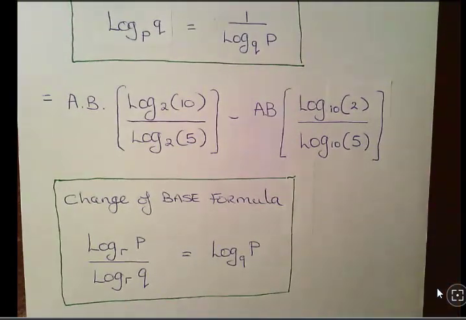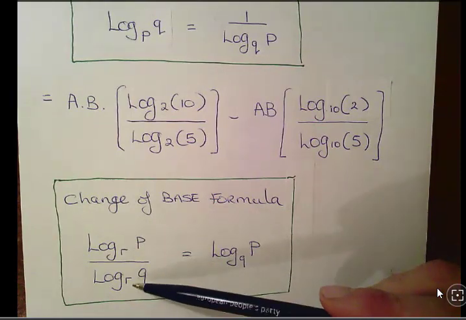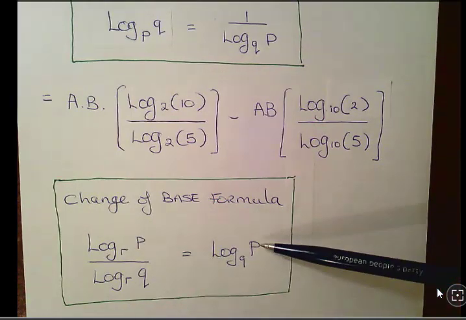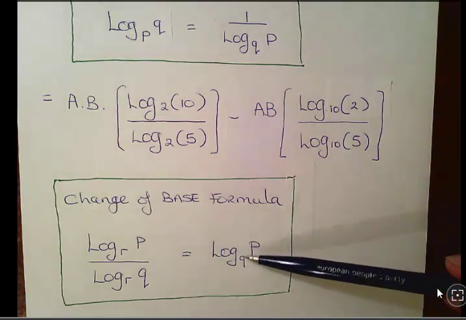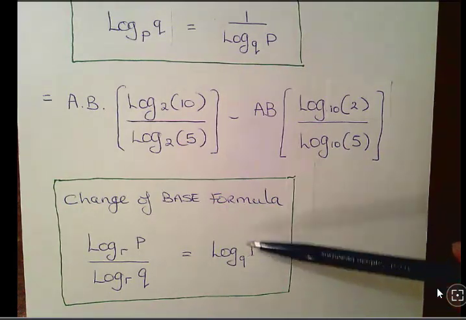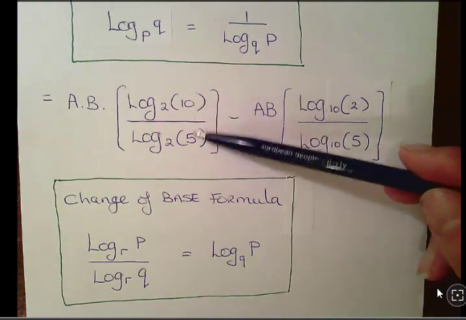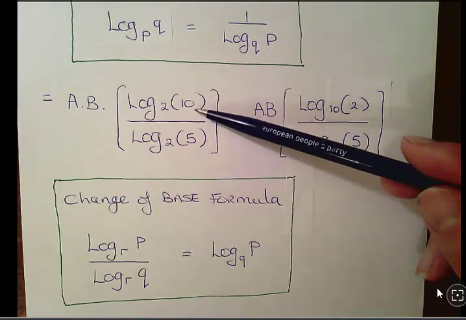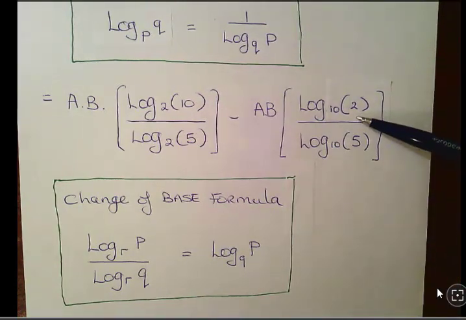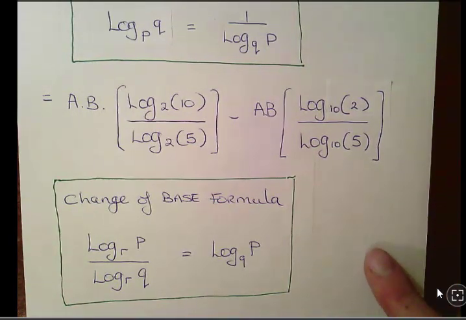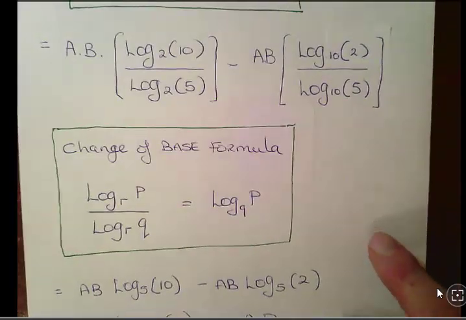Log of P to the base R over log of Q to the base R can be re-expressed as log of P to the base Q. So this expression can be expressed as log of 10 to the base 5, and this expression can be expressed as log of 2 to the base 5, using that change of base formula.